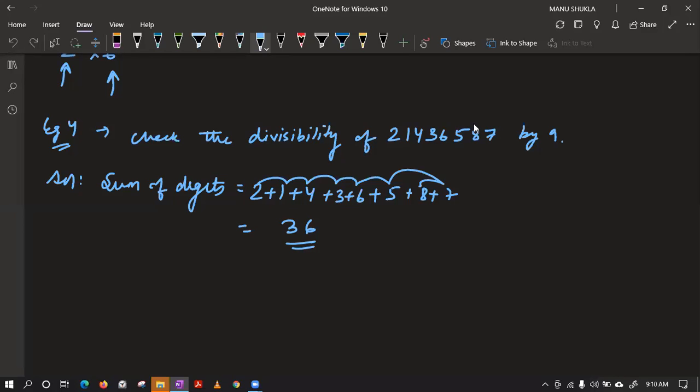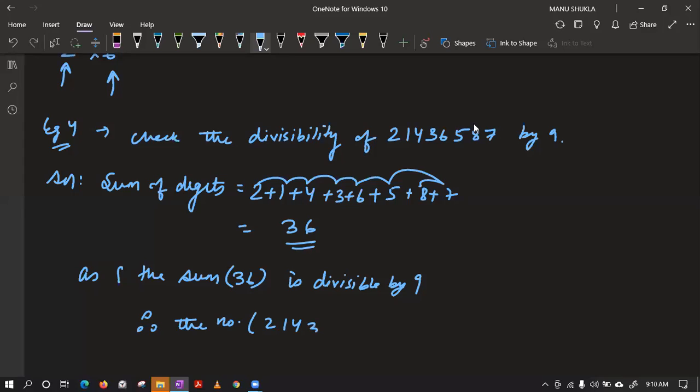So we can say as the sum 36 is divisible by 9, therefore the number, that is 21436587, is also divisible by 9. Okay, Harshul got the sum as 37. So class, while adding, be very careful. Okay, don't make mistakes like this.